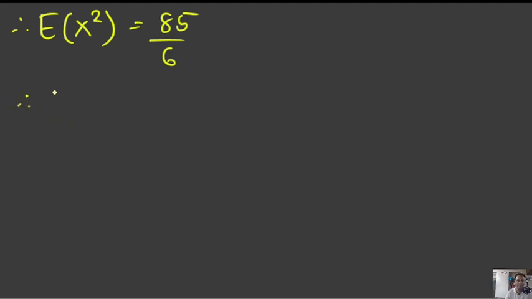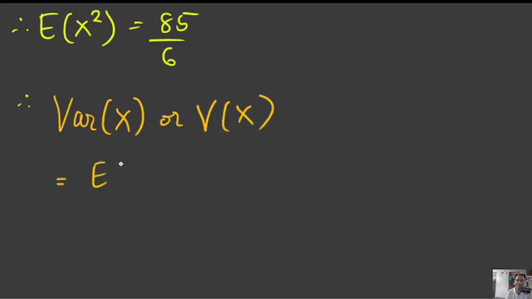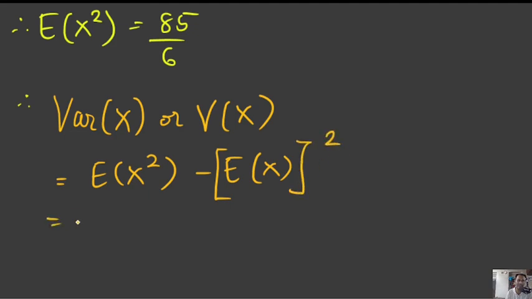After this, E(X²) you have found, so you go for finding V(X). The variance of X, or V(X), you call it whatever you want to label it, is the formula E(X²) minus (E(X))². So let us plug in the values. You have 85/6 here, minus the value of E(X), which is 11/3, the whole squared.